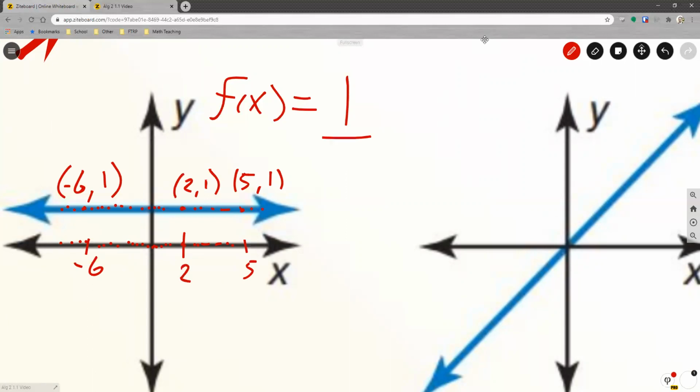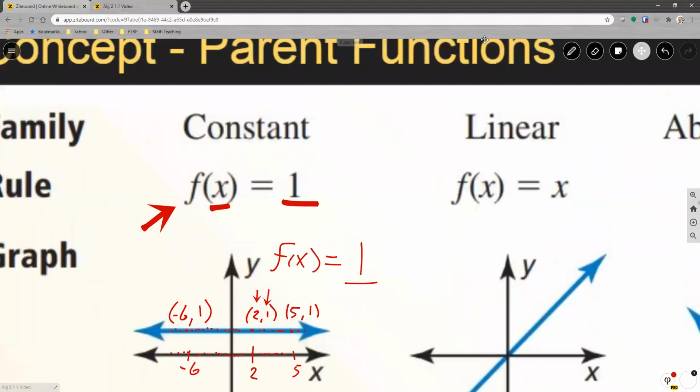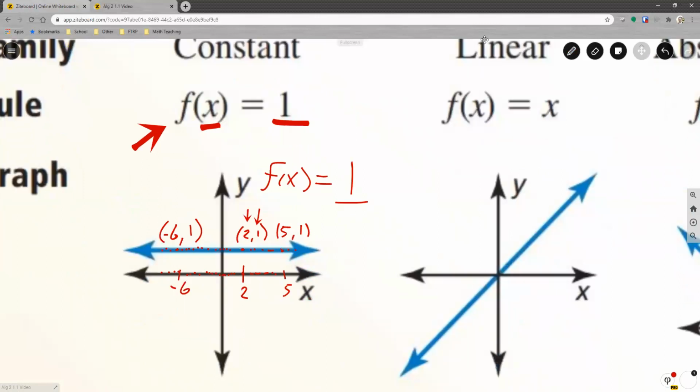So I input that value 2, and I get a y value, an output value, of 1. I can graph those, and that will give me the shape of my function. We call these general shapes the function family. All functions of the family, constant functions, all have the same shape, and that shape is a horizontal line.